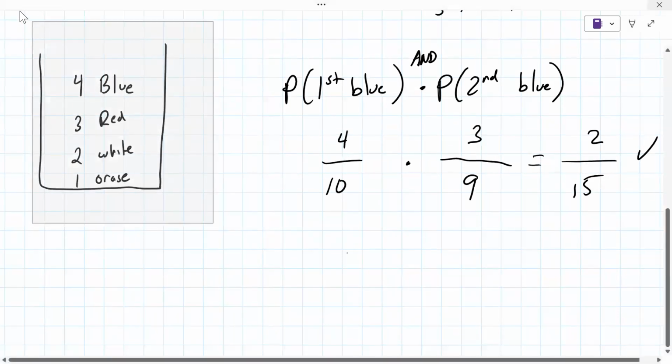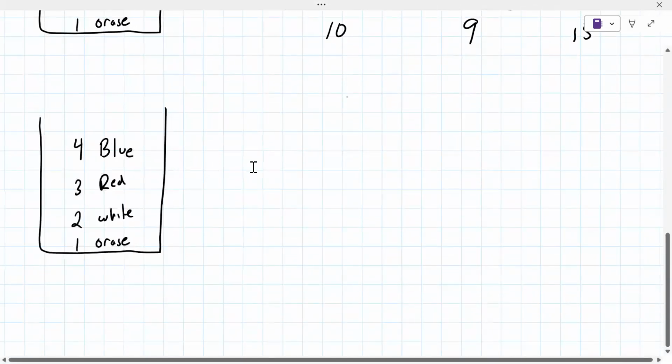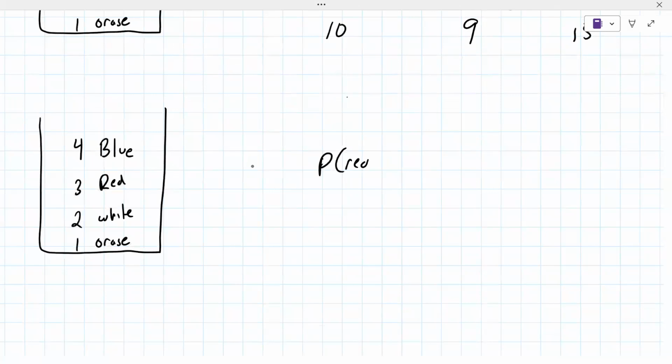All right. So let's do the same scenario here. Let's do the probability of a red times the probability that the second one is blue. So first red, second is blue. See if you can figure out what that becomes, please.